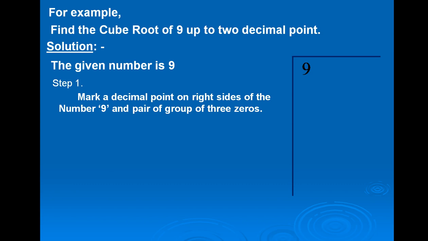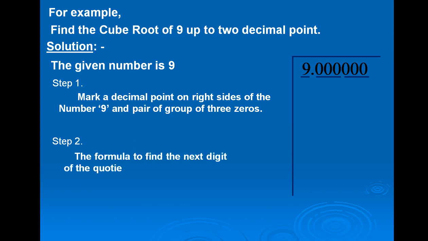Therefore, mark a decimal point after 9 and two groups of 3 zeros to the right side of 9. This is one pair of 3 zeros, this is the second pair of 3 zeros, and underline 9.